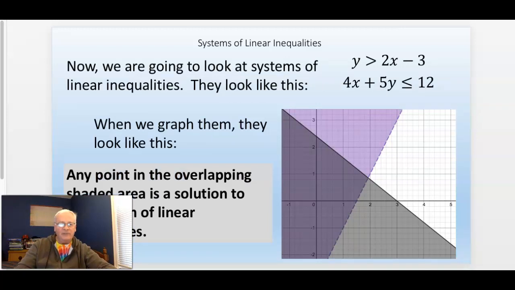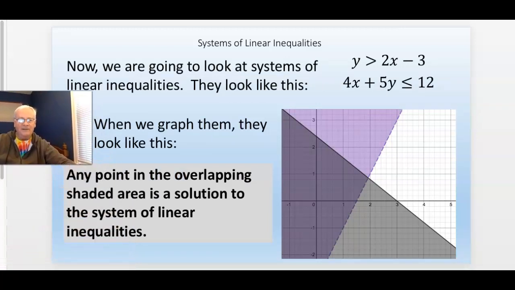Now I better move myself way out of the way here. Guys, now we're going to look at systems of linear inequalities. And they look like this right up here. It's two linear inequalities working together. And we graph them. We graph one of the inequalities. We decide if it's dotted or solid, and we shade above or below.